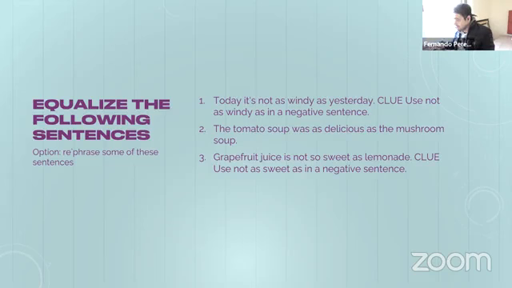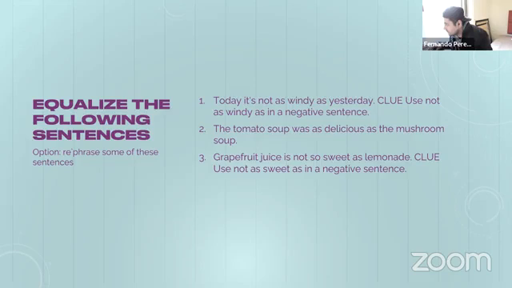Let me check it again because I don't know if it's the right exercise. No, my exercise is incomplete.